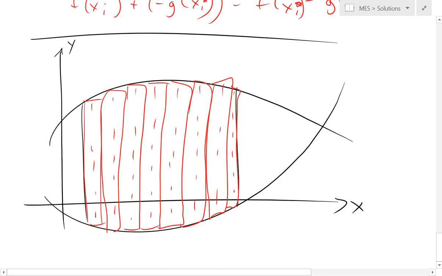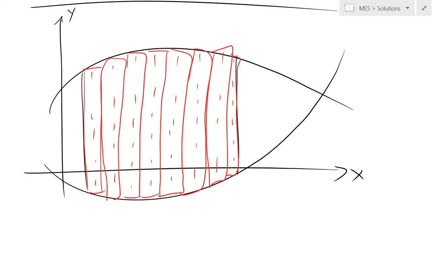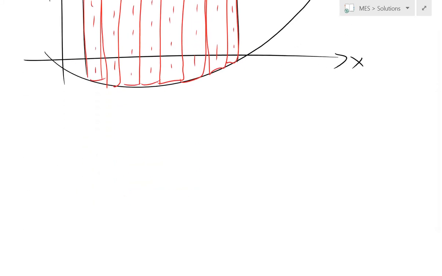And then when you draw more of these rectangles, as I've done right here, it's a rough estimate of the area, and this is the Riemann sum.